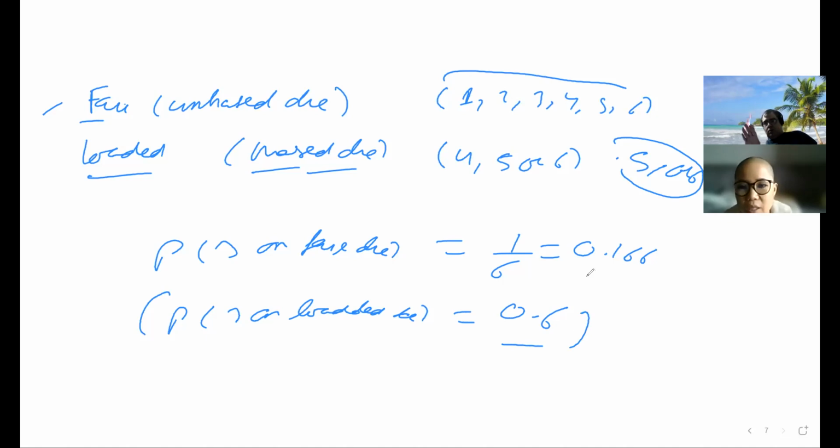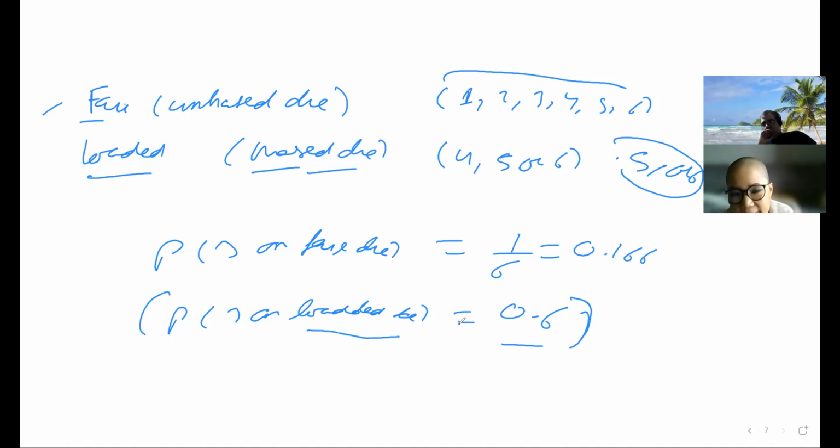Oh, okay. So I cannot calculate the 0.6. It's just given to me. Yeah, because we cannot calculate it, as we do not know what we can get on a loaded die. If it had been given to you, then we could find 0.6. So to get to the 0.6, we don't know.